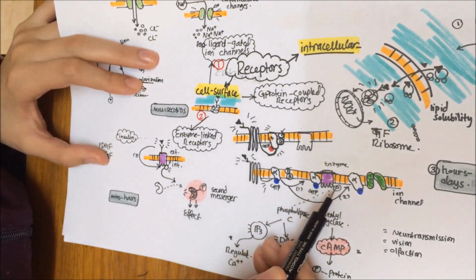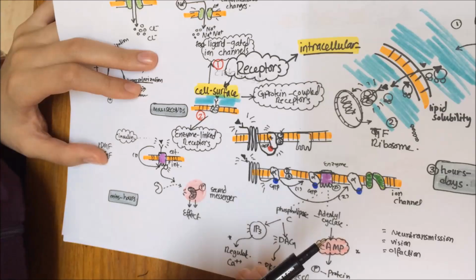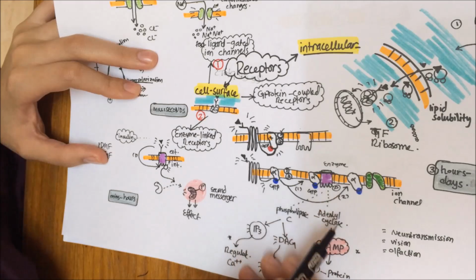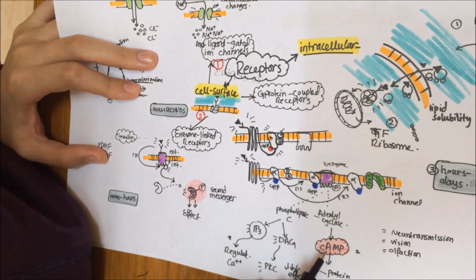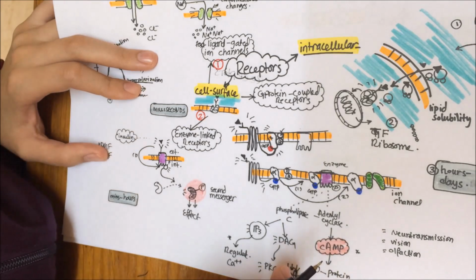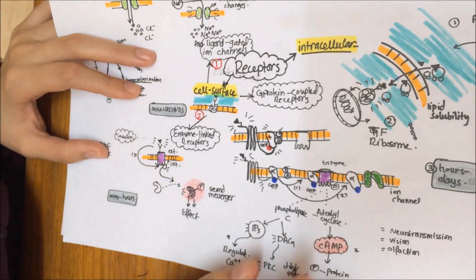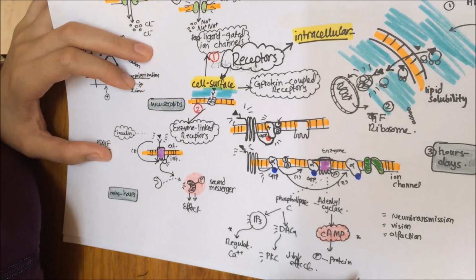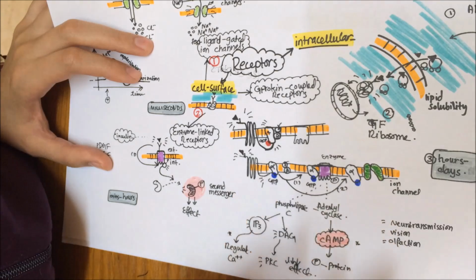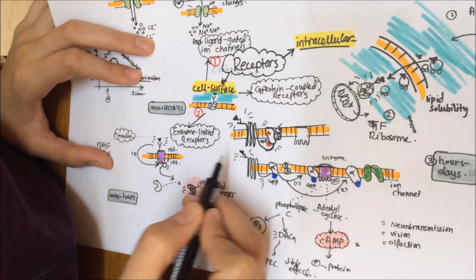The other thing is that if it has activated an enzyme, this enzyme is going to activate multiple adenylyl cyclases. It's going to activate multiple second messengers. This adenylyl cyclase is going to produce multiple cyclic AMPs, and these will work on many proteins and many other things after that. So the response will be amplified. It will be much bigger than the first signal, which is the single ligand here.